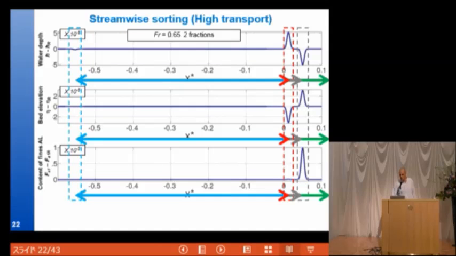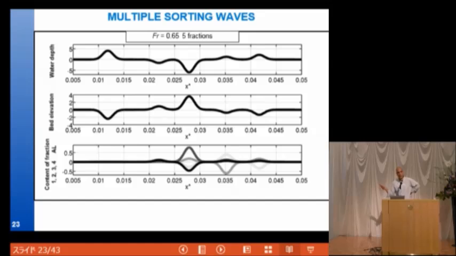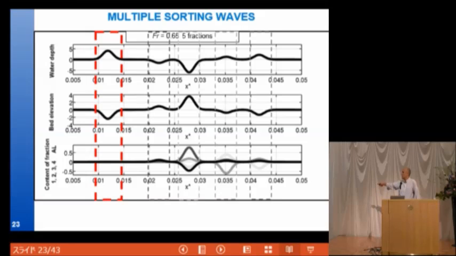So if I extend this to 5 fractions, same configuration with 5 fractions, what I see here is that I have this bed wave, and I have 4 other waves, which are sorting waves, which travel at different speeds, and they trigger a variation on the bottom.